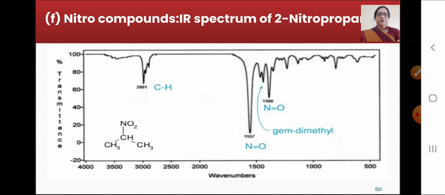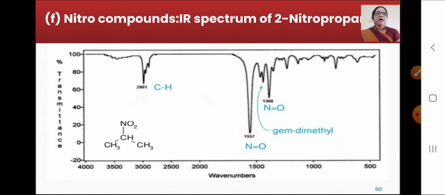In the case of nitrobenzene, it shows two strong absorption bands at 1525 and 1350 per centimeter. If there is a nitroso group, then it gives only one strong band, appearing in the range of 1600 to 1500 per centimeter.